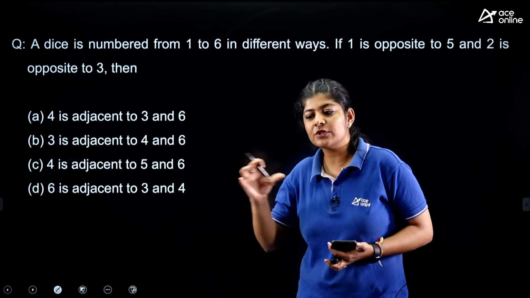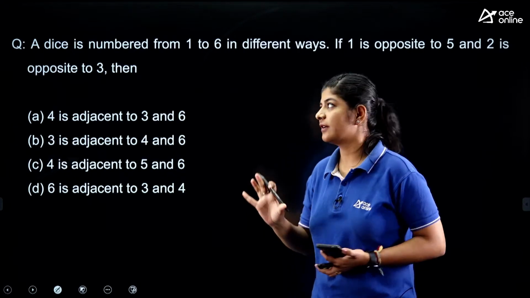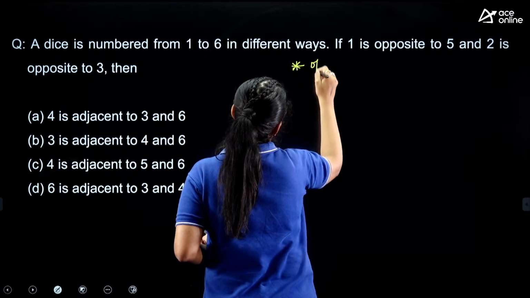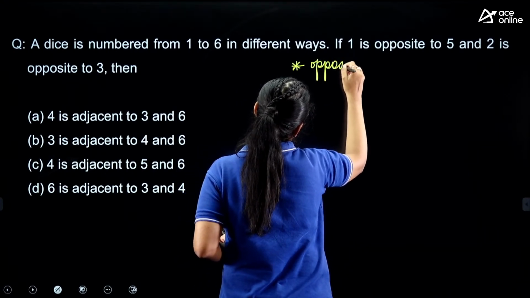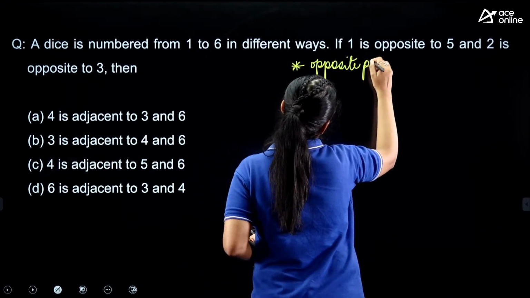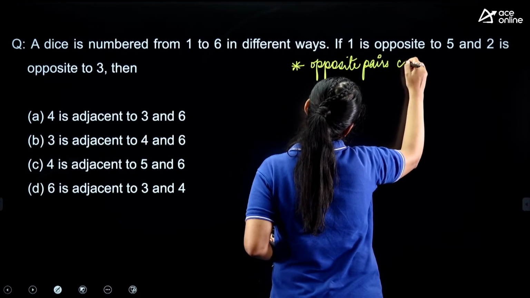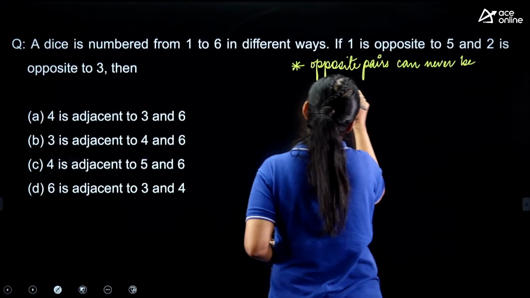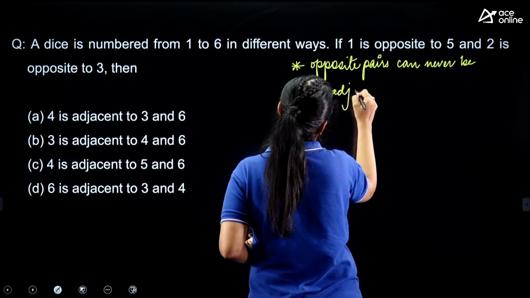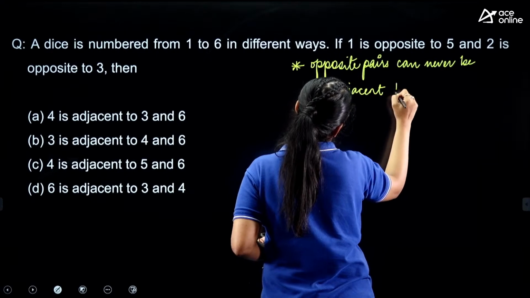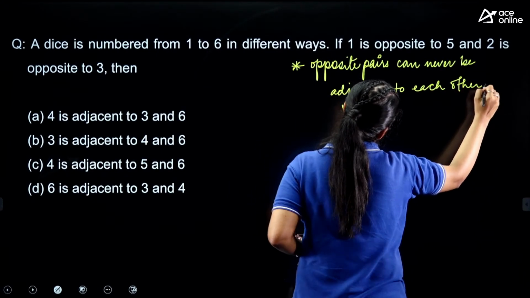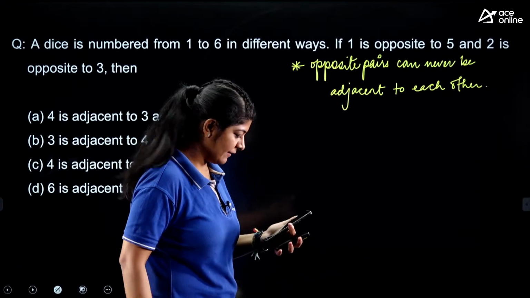And the point that we need to keep in our mind is that opposite pairs can never be adjacent to each other. We just simply need to take care of this property and we will get our answer.